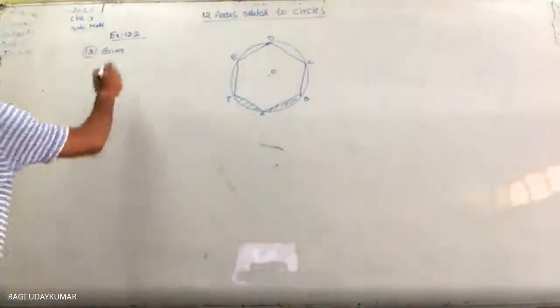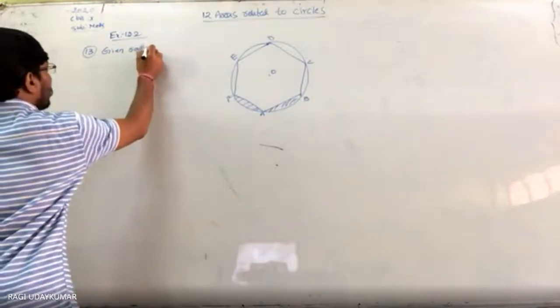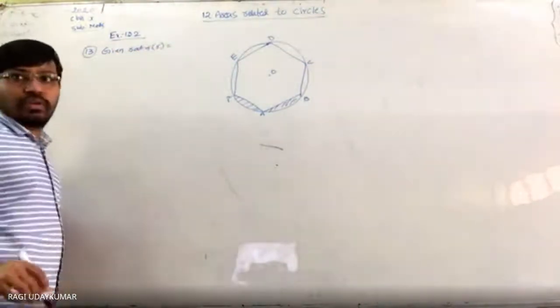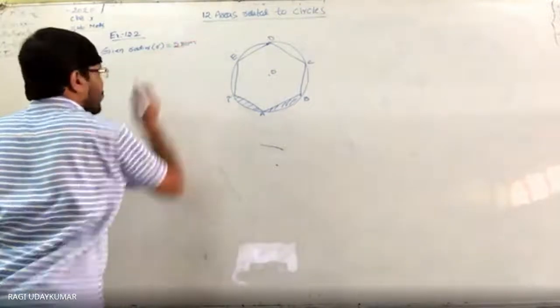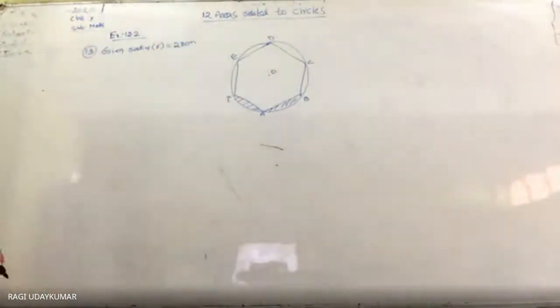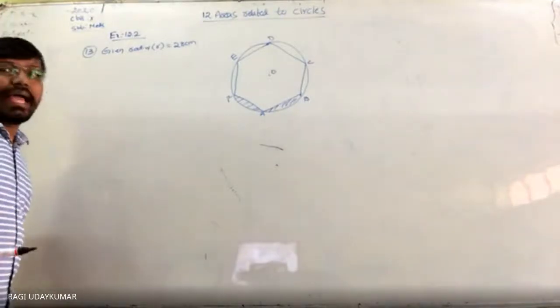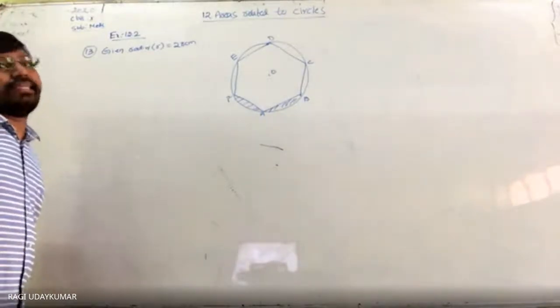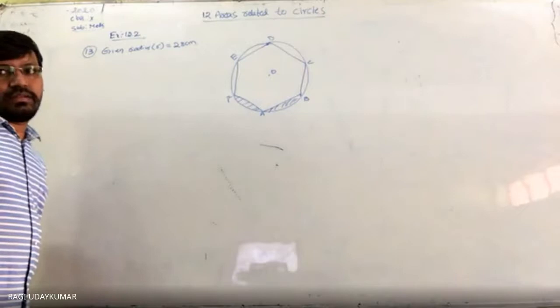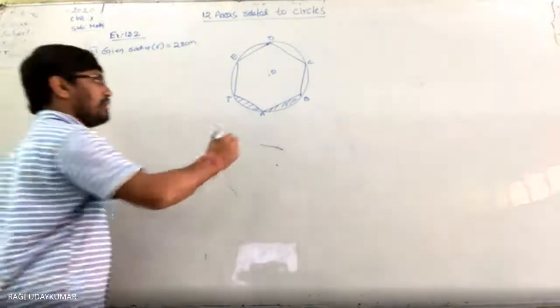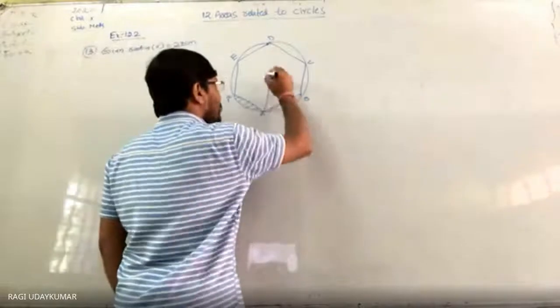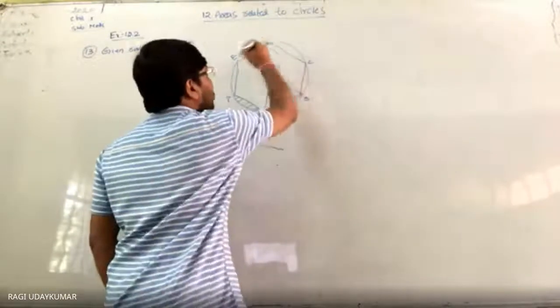Given radius R is equal to 28 centimeters. So 6 equal designs. So the angle made by each design at the center. Or you can consider angle AOB if you want to find out. See, AOB to find out. There are 6 equal designs, right?